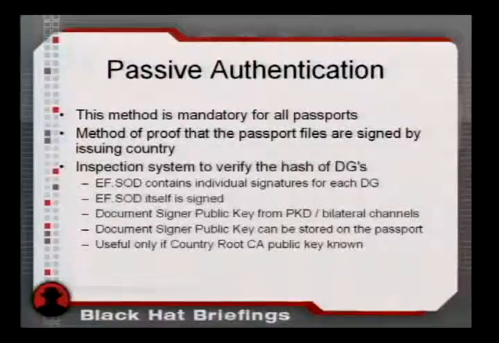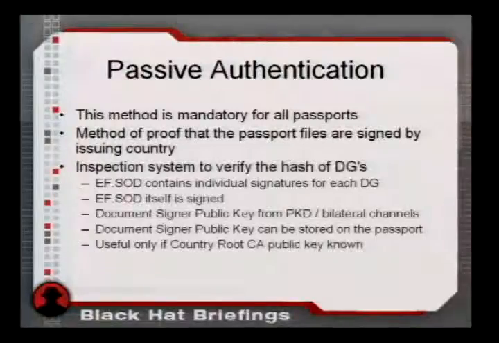We have passive authentication. This type of passive authentication is mandatory for all passports, and it's the method of proof of the passport, and the files are signed by the issuing country. The inspection system has to verify the hash of the data groups. The security object data contains individual hashes for each data group, and the EF.SOD is signed itself.